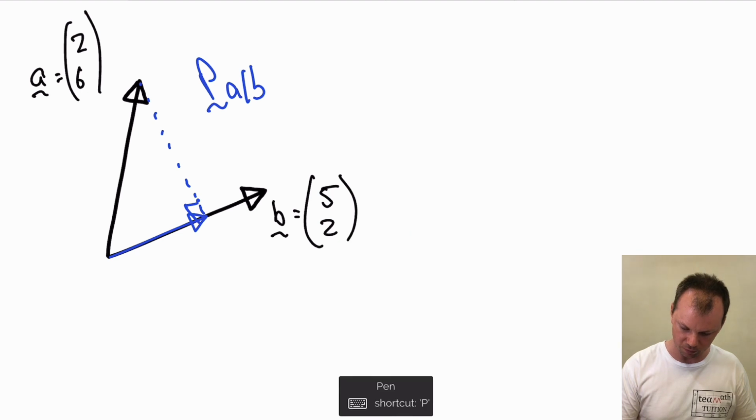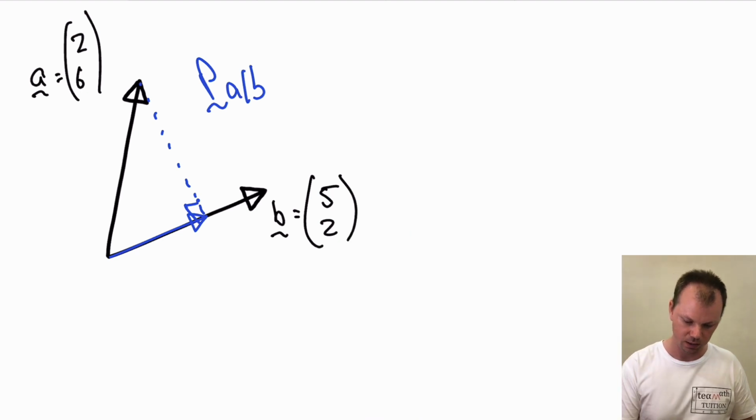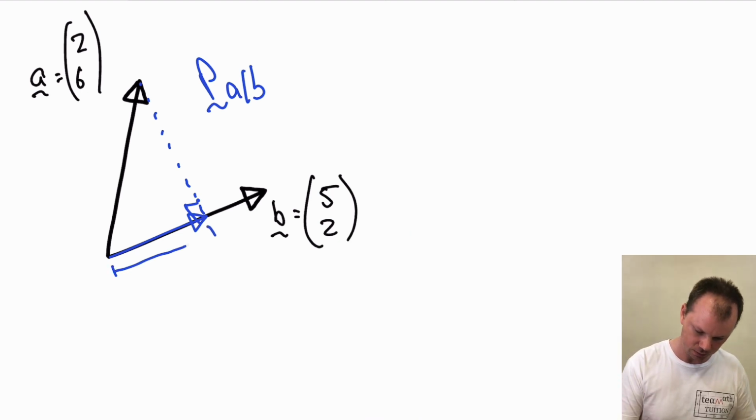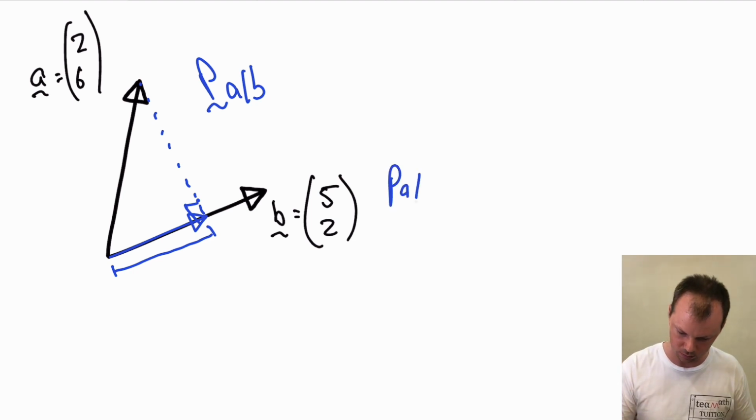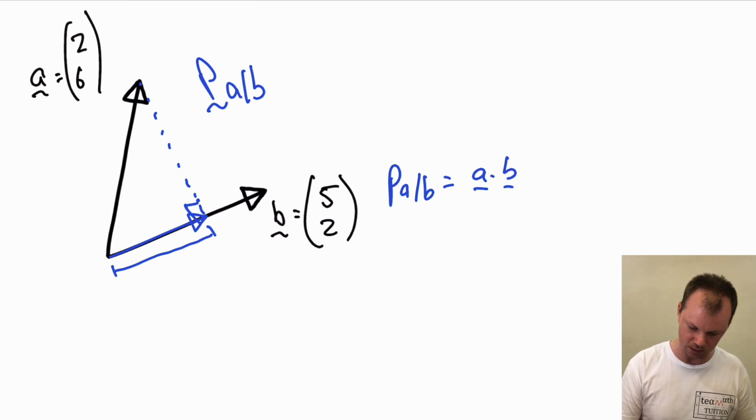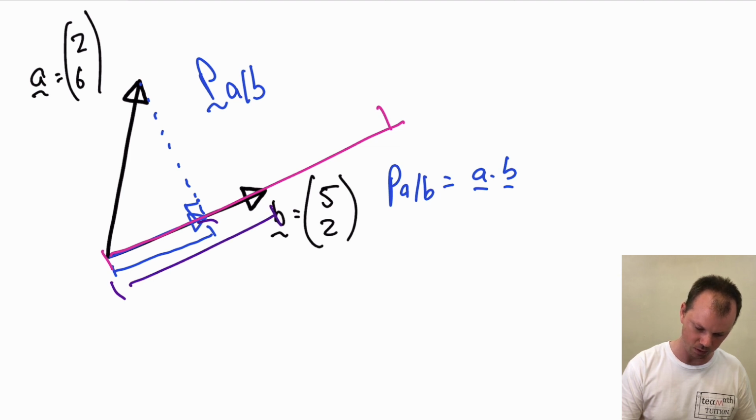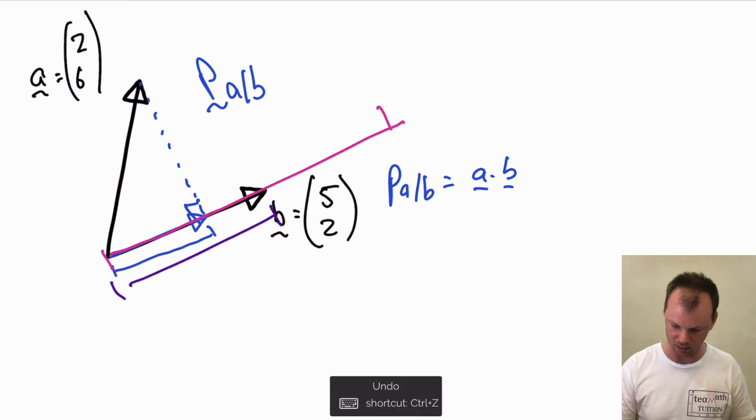I know I can find my scalar projection by finding my dot product of A and B, which is going to be this giant length out here, and then dividing by this length, and that will give me my scalar projection here.